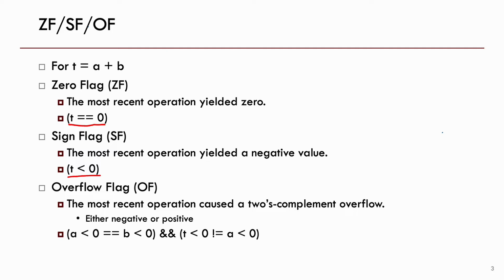For the overflow bit, it is a little tricky. The overflow flag indicates that the most recent operation caused a 2's complement overflow. I'm not going to talk about the details of this 2's complement overflow, but you can just implement this equation in your gate logic.